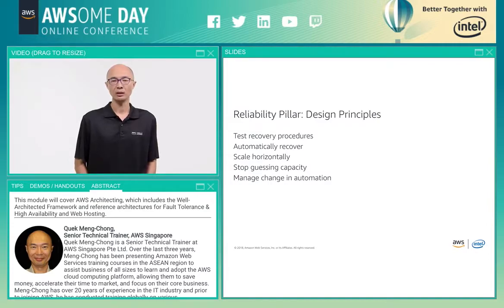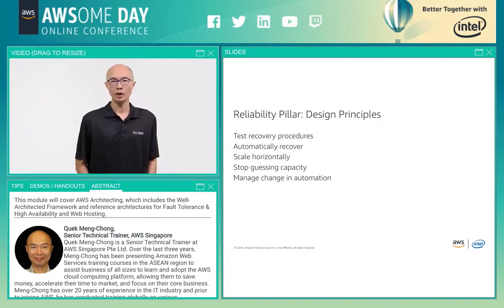Stop guessing capacity. In the cloud environment, you have the ability to monitor demand and systems utilization and automate the addition or removal of resources. This is designed to make sure you have the optimal level to satisfy your demand without over or under provisioning.